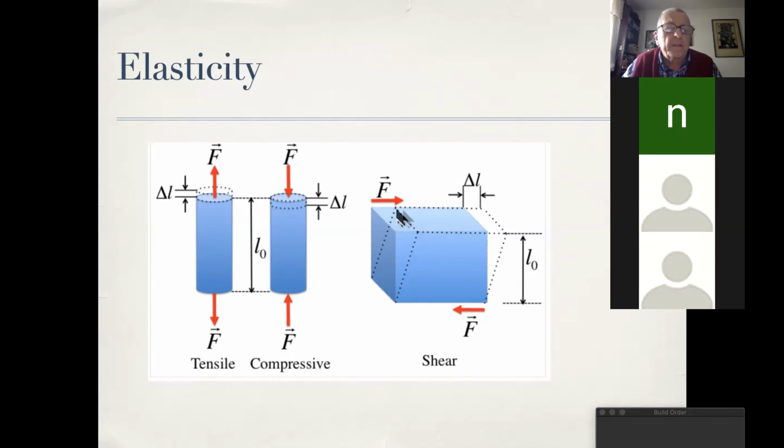Then this is what the engineer will call shear, and the upper layer of the material will move away, and the bottom will be held fast.